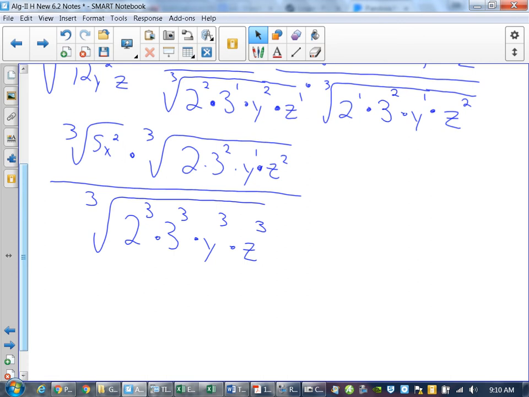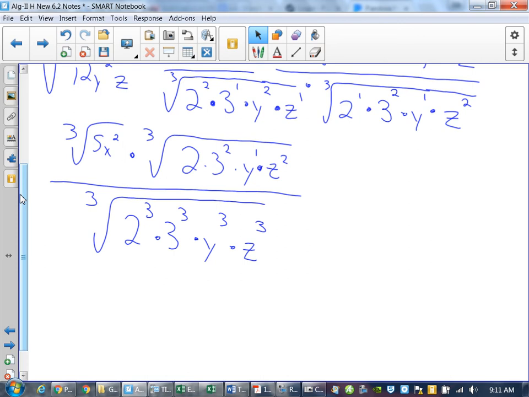In essence, it's the exact same thing, but here we didn't have to show all those steps because we knew the square root of junk times the square root of junk was just plain old junk. Here you have to break it into the exponents to make it work. It's an extra step than what we've done in the past. It looks more complicated than it probably really needs to be.